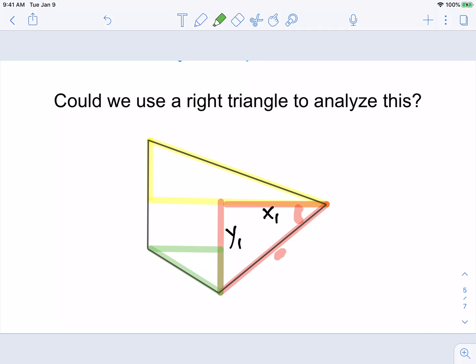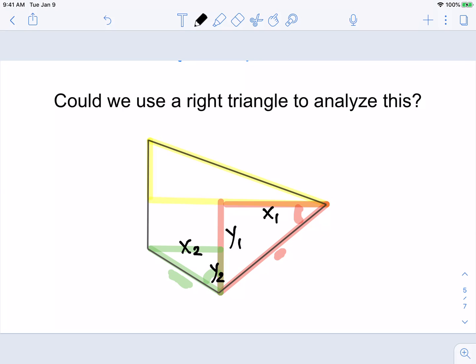So as long as I knew that diagonal length, I had a number for it, and I knew one of the angles, maybe this angle over here, I could use that information to solve for this x piece, which I will call x2, just because it's the second triangle that I'm using here, and this vertical piece, which I'll call y2.